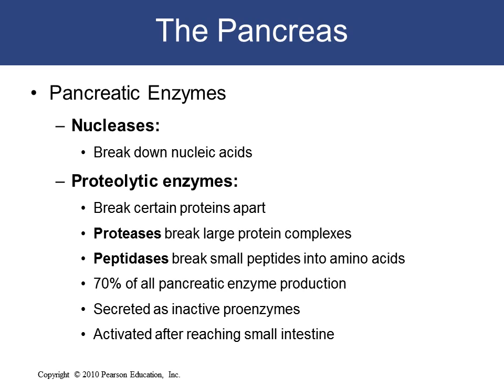The third is the nucleases that break down nucleic acids, and the fourth is the proteolytic enzymes that break certain proteins apart. Proteases break large protein complexes. Peptidases break small peptides into amino acids. 70% of all pancreatic enzyme production is secreted as inactive proenzymes and activated after reaching the small intestine.